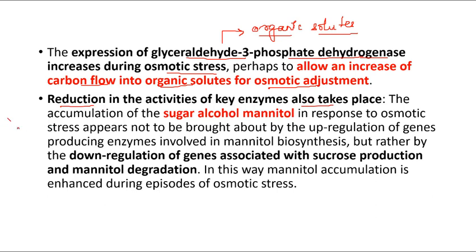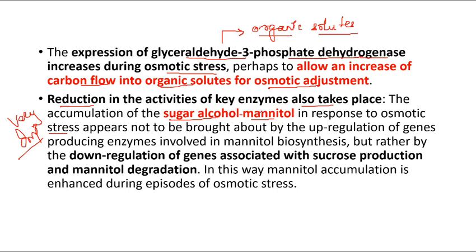Now what happens? Again, this is a very important concept. Now we know that the sugar alcohol mannitol is accumulated in response to osmotic stress. Now you might be thinking that the enzymes for mannitol become activated, and because of which the mannitol becomes accumulated.